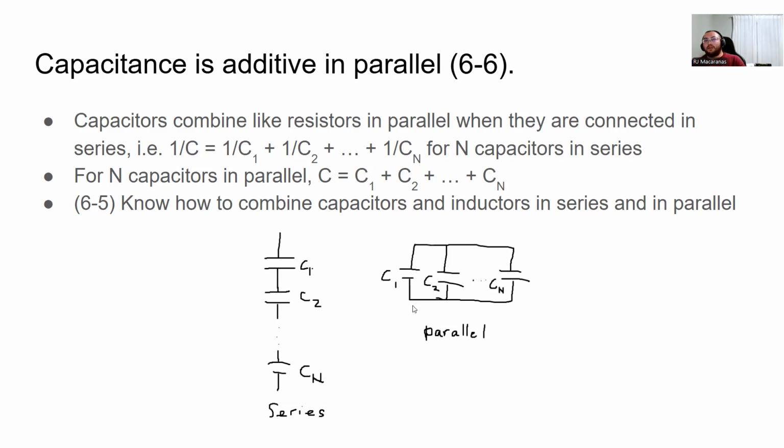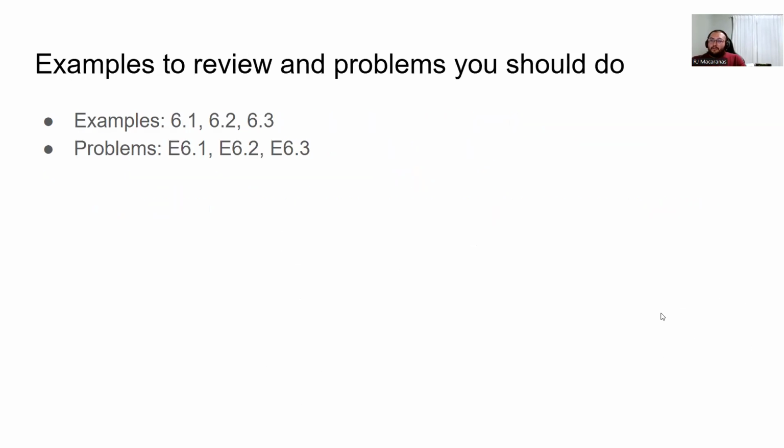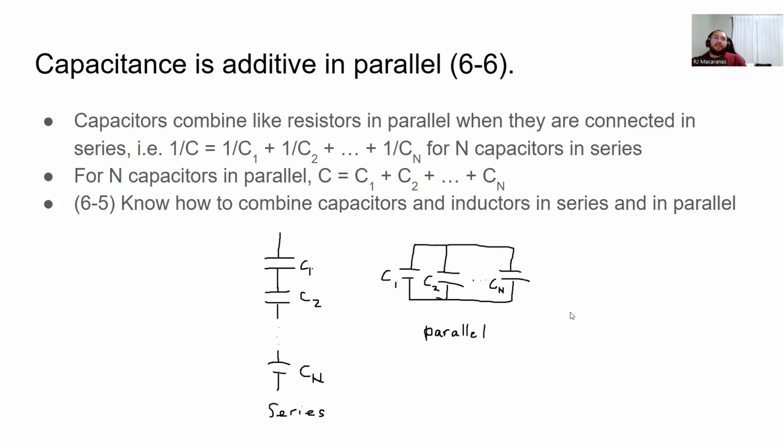You can store a lot more when they're in parallel. And you'll typically see capacitors in parallel as opposed to in series, especially if they're being used for energy storage.